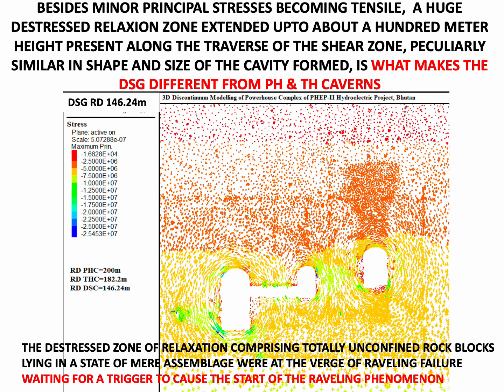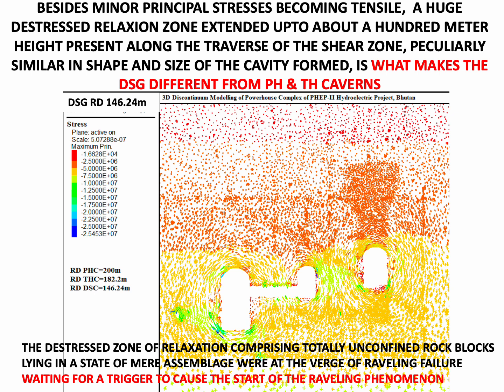This distressed zone rising above the crown was only present in the case of Downstream Surge Gallery, which made Downstream Surge Gallery different from the case of distress in powerhouse and transformer hall caverns.